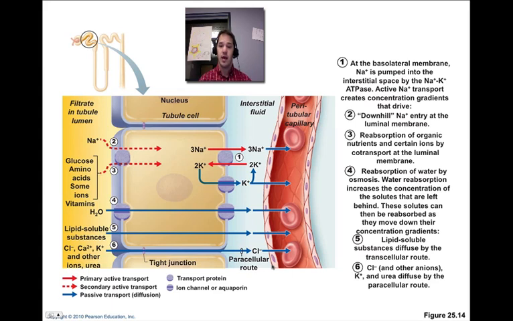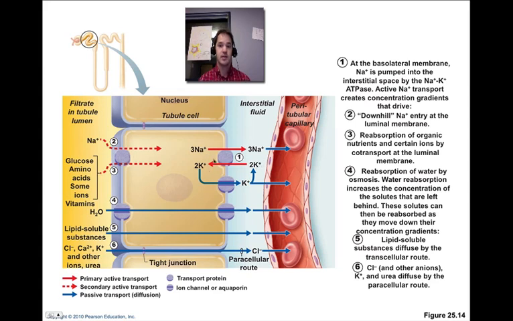Basically what happens, and this is a figure you'll probably recreate in the urinary and renal worksheet, it asks you to draw the sodium-potassium ATPase pump. That's right here on the basolateral membrane. It pumps sodium out and potassium in.